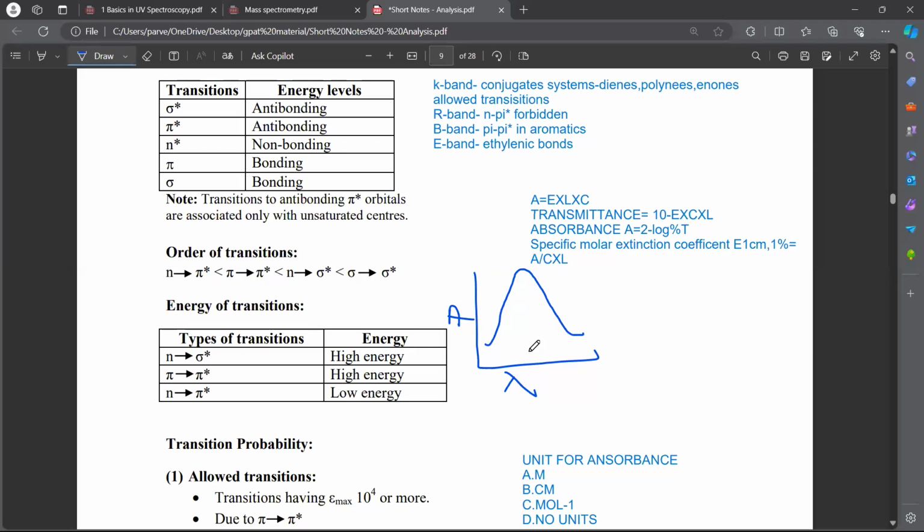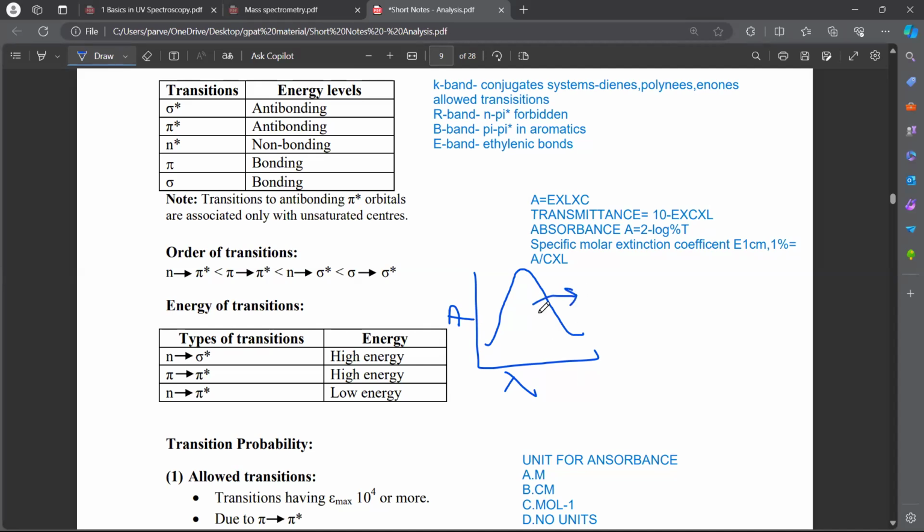So what is meant by bathochromic shift? Higher wavelength, yes. So it is a shift of the lambda max towards the higher wavelength.